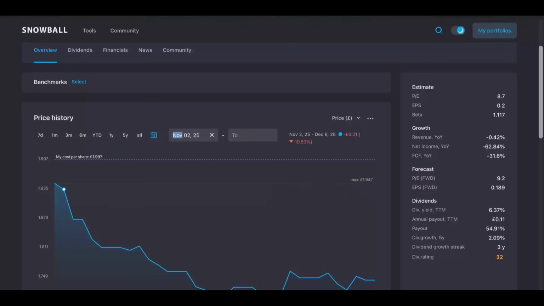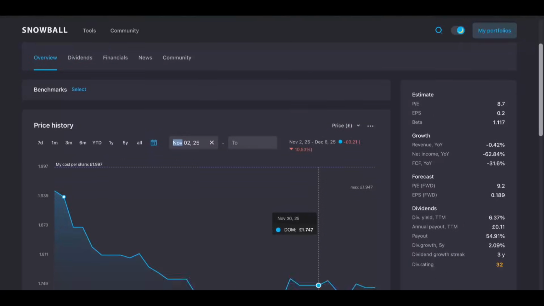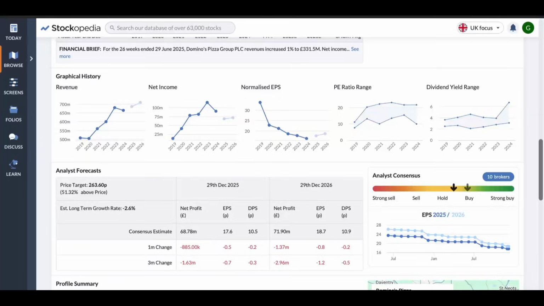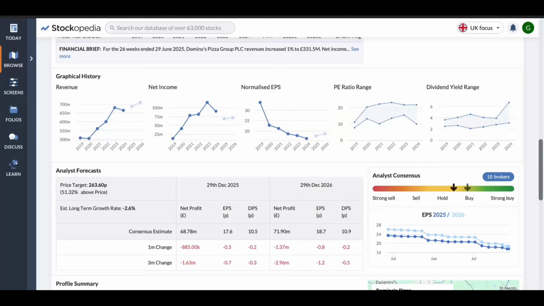As we can see, these do have a slightly lower 5-year dividend growth rate at 2.09% and a dividend growth streak at 3 years, but it is the biggest yielder in my portfolio, with them now having a dividend yield that sits at 6.37%. Right now, the analyst consensus is quite mixed, with there being 2 sells, 5 holds, 1 buy and 2 strong buys, but they do have an average analyst forecast price target at 263 pence, which is a massive 51% above the current price.